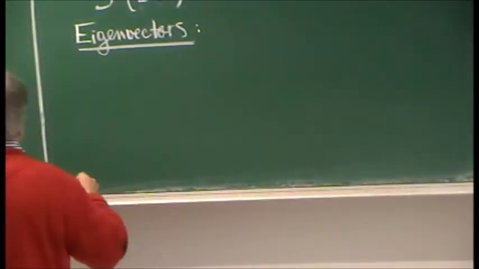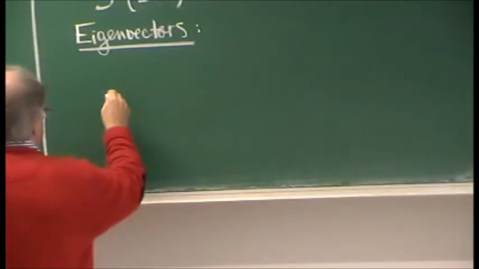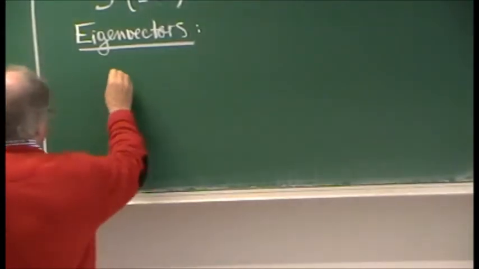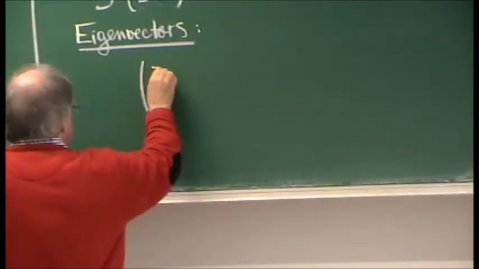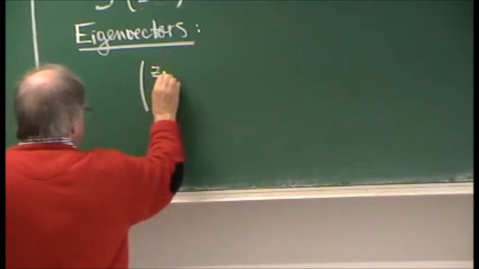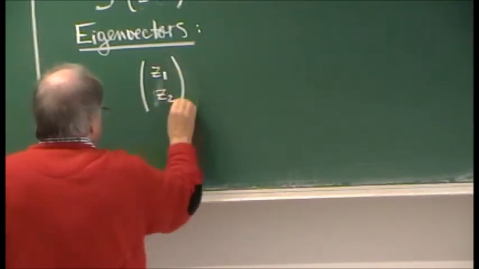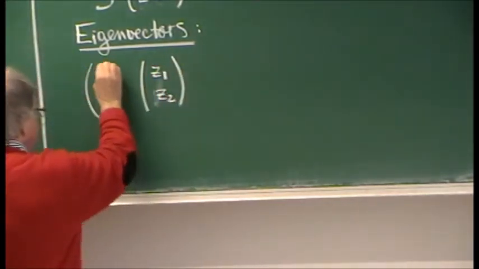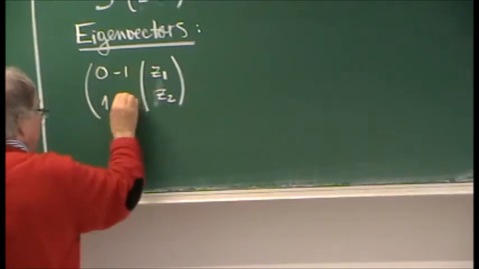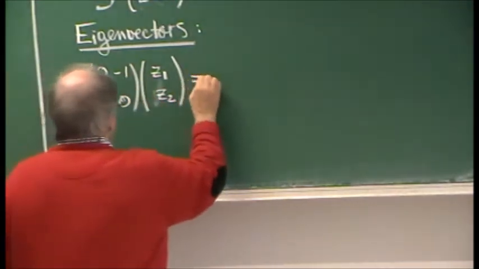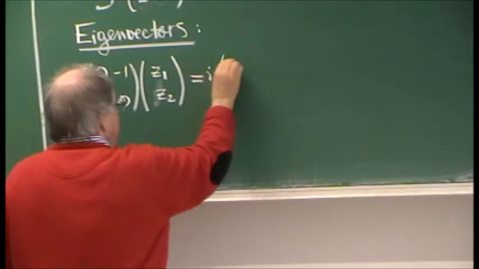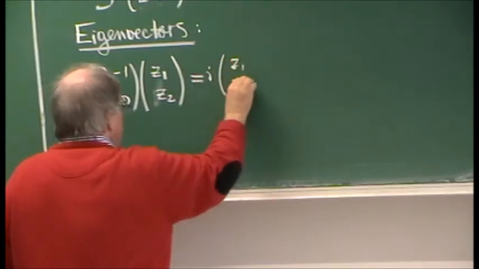You want to compute it? You want to have some fun? So we're looking at a vector, let's say (z1, z2), times the matrix with rows (0, 1) and (-1, 0), equals i times (z1, z2).